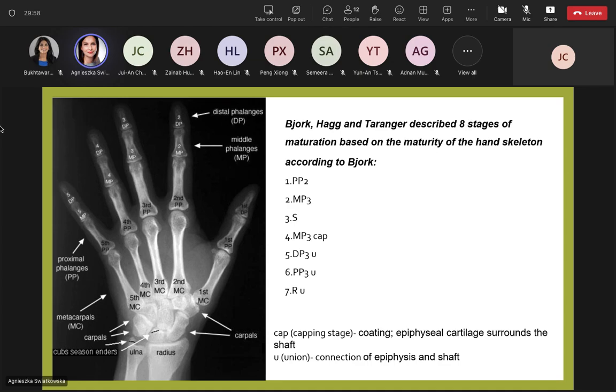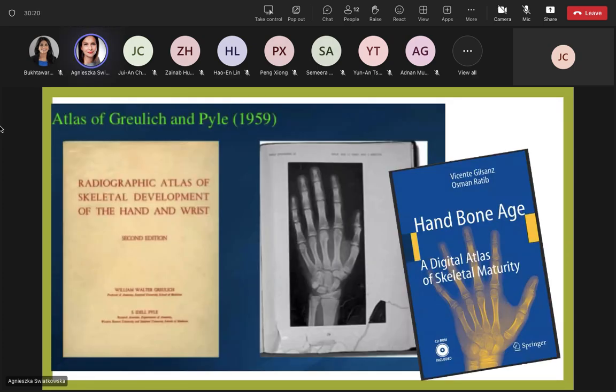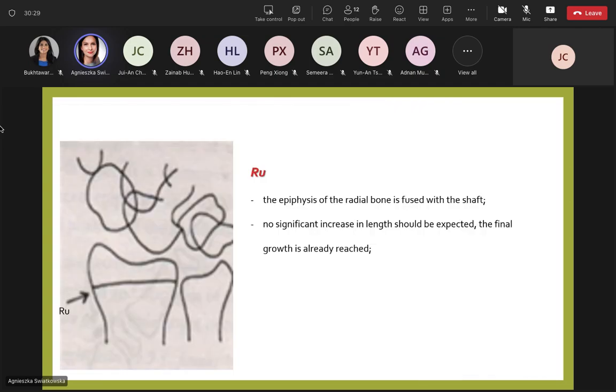But in fact, this method by Bjork, Grave, and Taranger was and still is the best method to evaluate the patient's skeletal age. We should have a special kind of atlas to recognize at what stage our patient is.